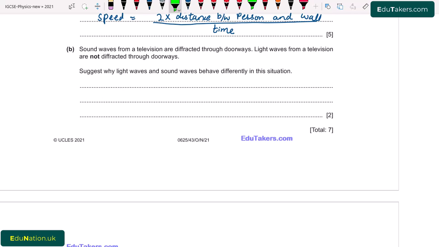So first of all, we have to know that diffraction occurs when the wavelength of the wave is equal to the doorway width.